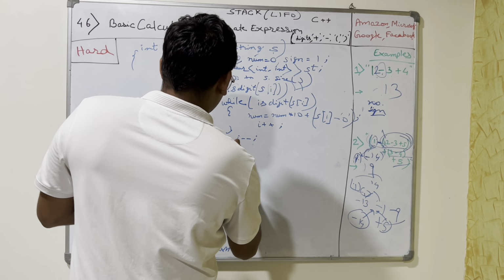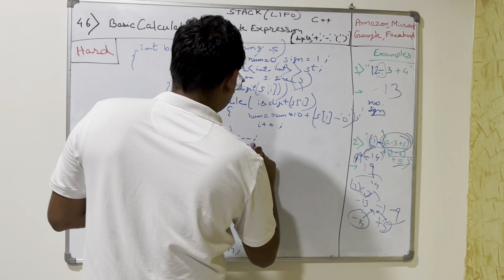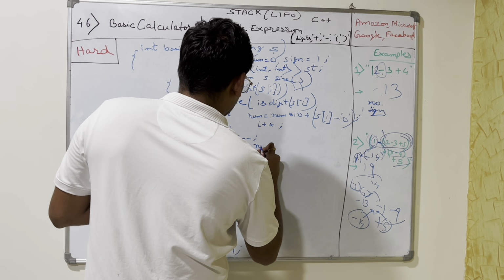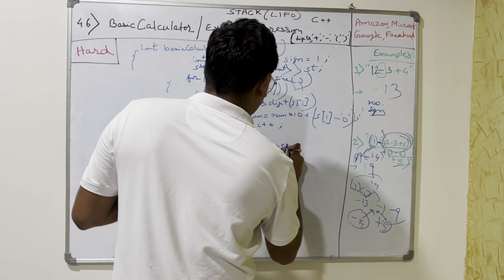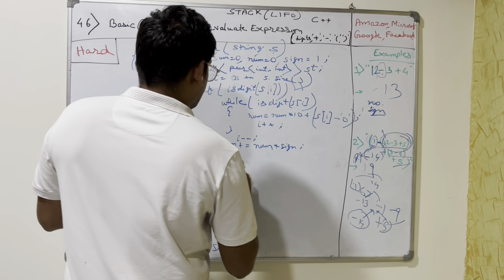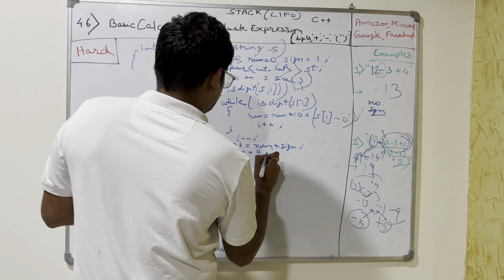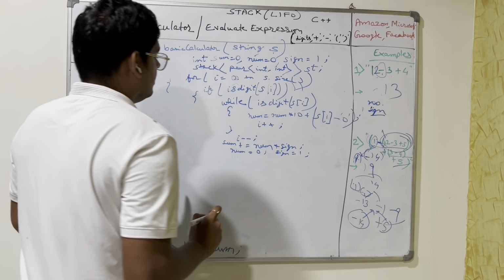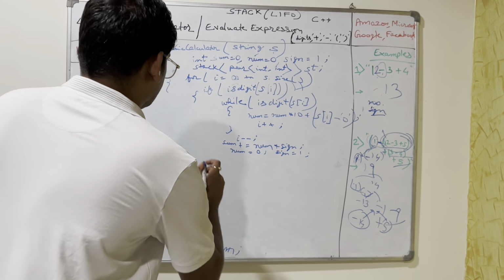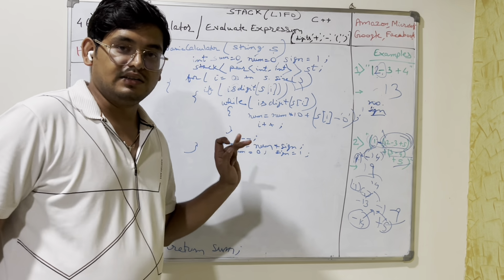Our sum would become sum += num * sign, whatever the sign value was there, and we will make num as 0 and sign as 1, so that the new value doesn't have the previous value content. In this way we will evaluate the digit part.